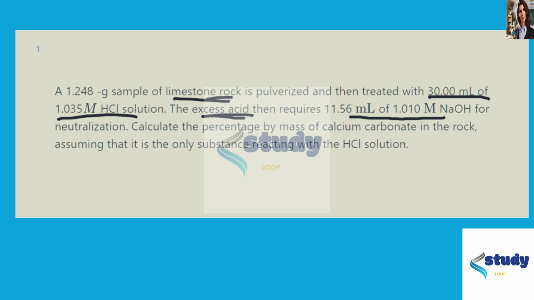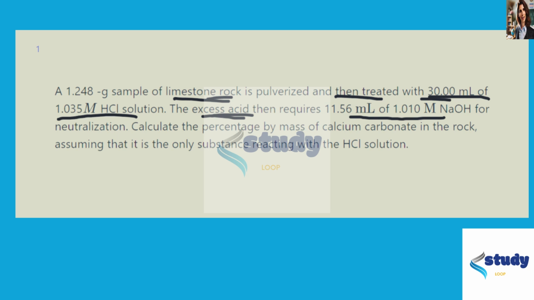And from that number of moles of excess acid and from the number of moles of the total HCl added, we can find out the number of moles of the HCl which is used in the treatment of the limestone.